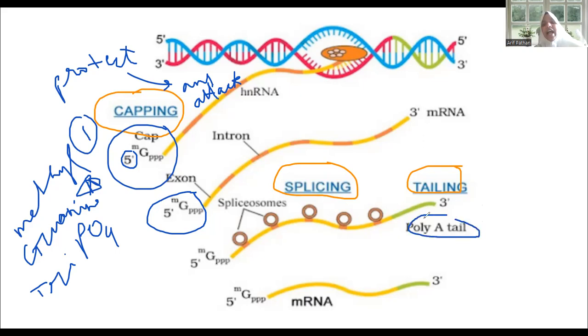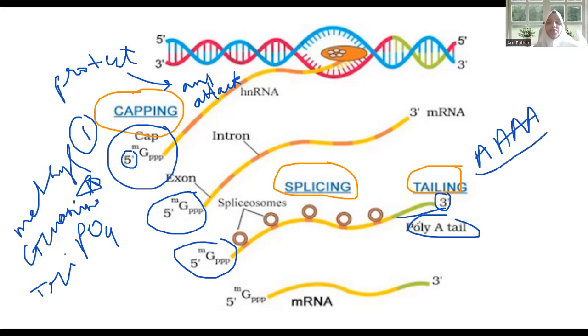This tail is made up of multiple adenine nucleotides added at the 3' end, a cap at the 5' end and a tail. It is nothing but many adenine nucleotides, called the poly A tail. Poly means many. So it is like a rope, with a protection cap added at both ends.